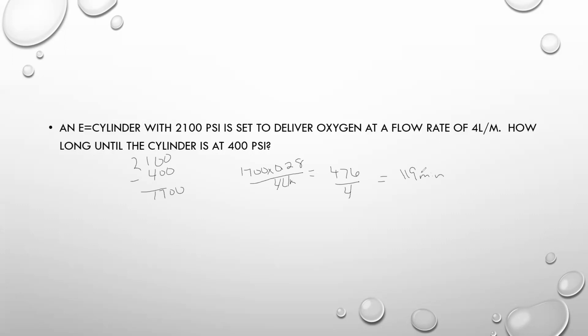You should be able to do this, and so you know 60 minutes makes up an hour. So you're 1 minute shy of having 2 full hours. So this would be 1 hour and 59 minutes. But again, take 119 and divide that by 60, and that gives you 1.98 hours.